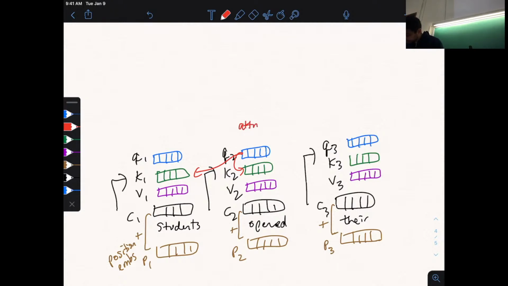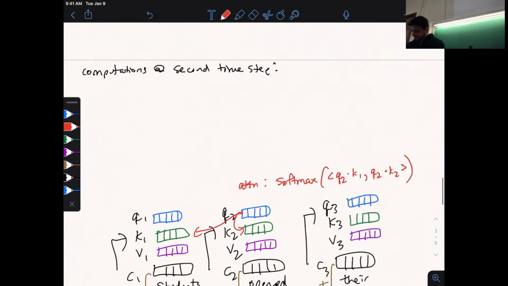So what does this look like? Well, our attention is now softmax of this vector, q2.k1 and q2.k2. And our distribution looks like q2k1, q2k2. Let's just write out q2k3.